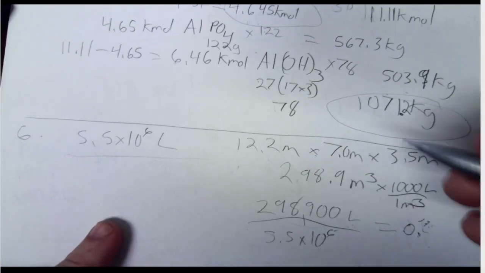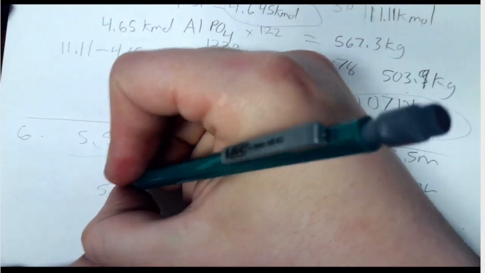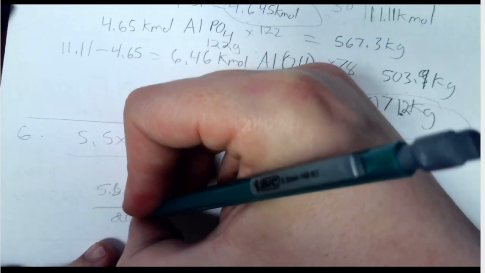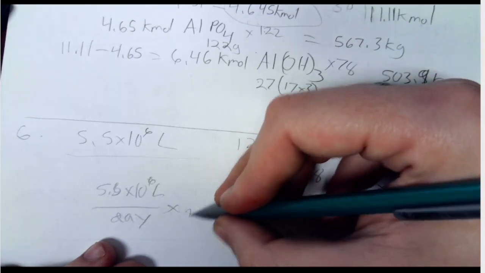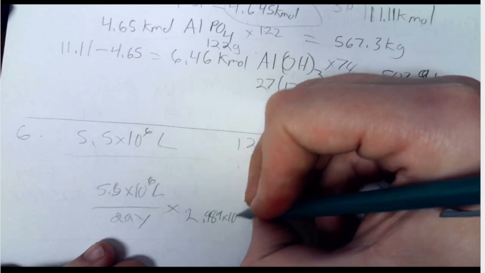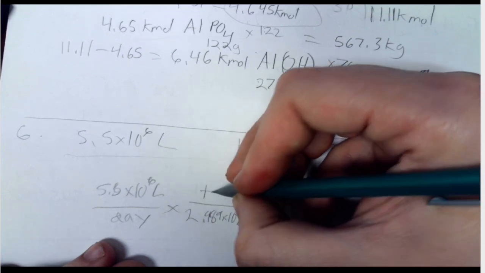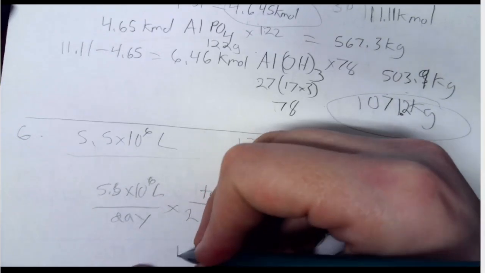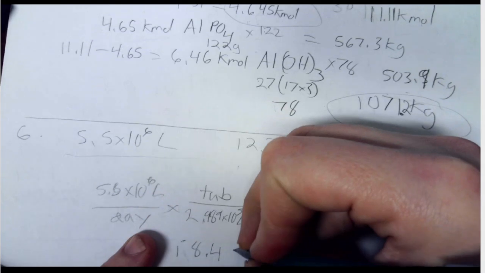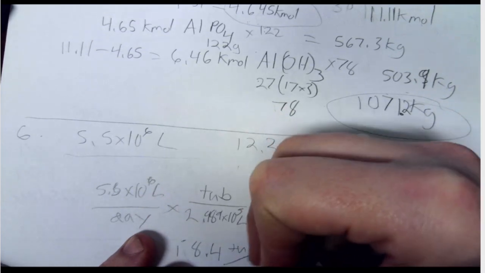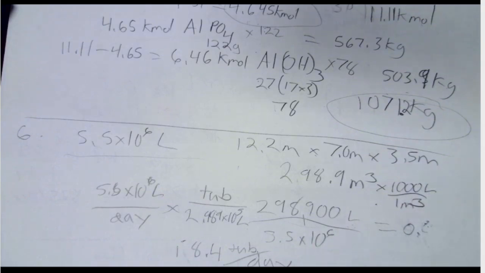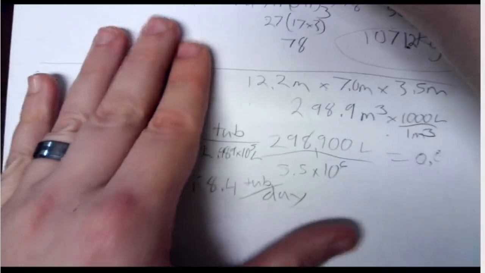How many times do we have to fill the tub per day? So in reality, it's 5.5 times 10 to the 6 liters per day, and you're dividing by 2.989 times 10 to the 5th liters per tub, and that means we fill the tub approximately 18.4 tubs per day. 18.4 tubs per day.